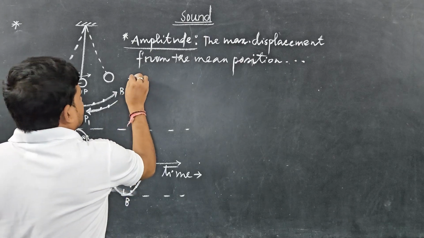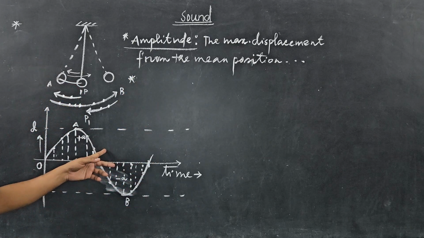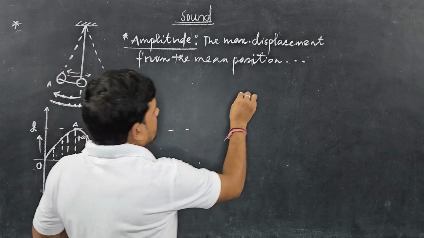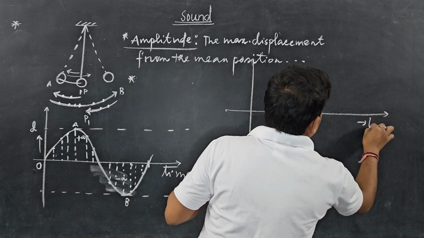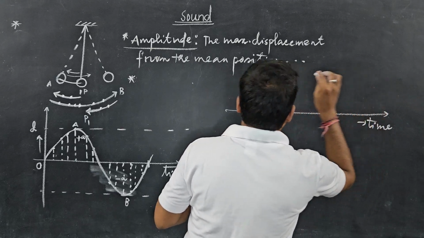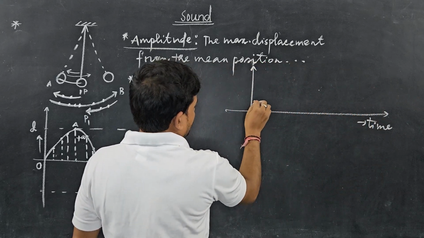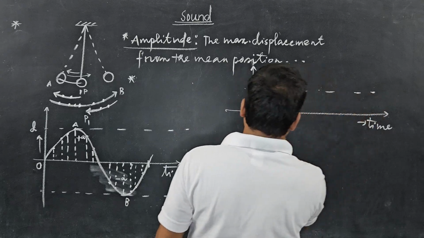Now, in this graph, if we draw another motion of the simple pendulum that executes a number of vibrations, that is periodic motion.